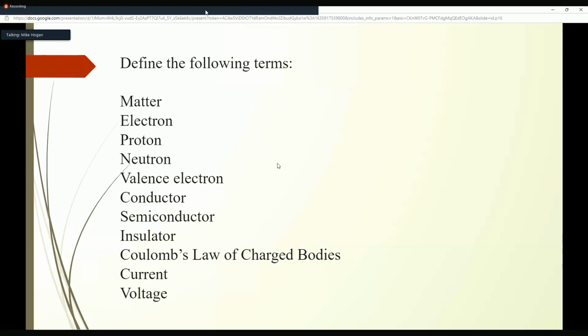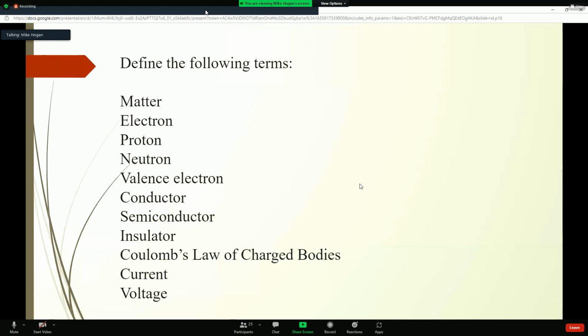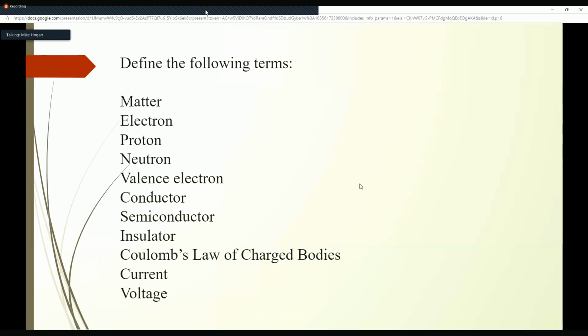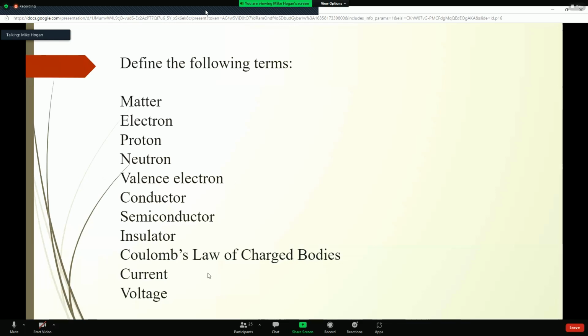Some of those, like the table that we did earlier, I'll go over. Some of those, I think it's good for you to go back and review the PowerPoint and just make sure that you've got a feel for each one of these terms. And so I won't go over all of the questions at the end of each presentation.